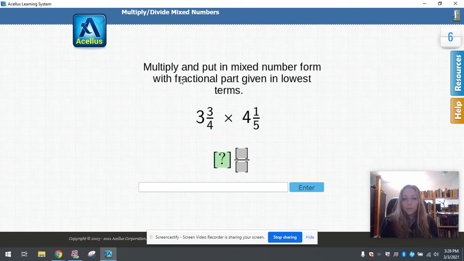Okay, multiply and put in mixed number form with fractional part given in lowest terms. Okay, so I've got 3 3/4 times 4 1/5.